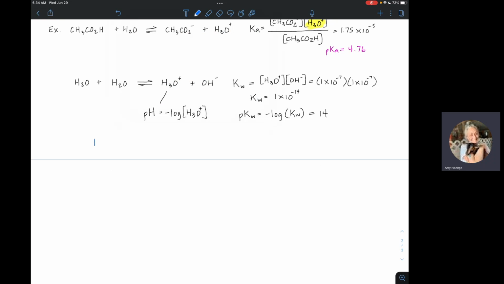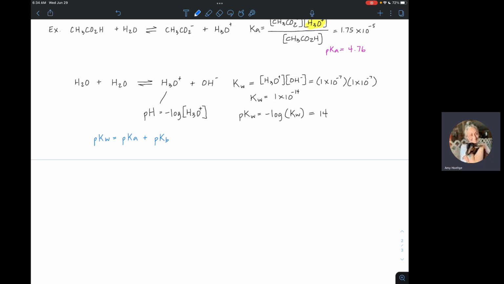The pKw is equal to the pKa plus the pKb, right? So the pKa of the hydronium ion plus the pKb of hydroxide.